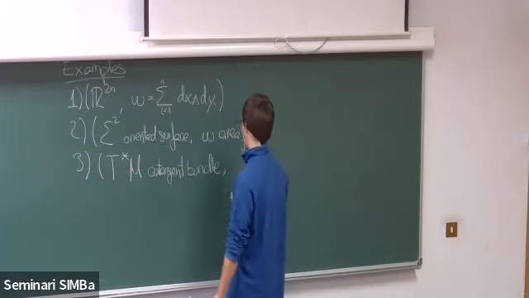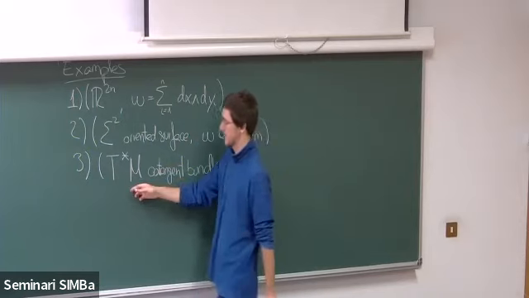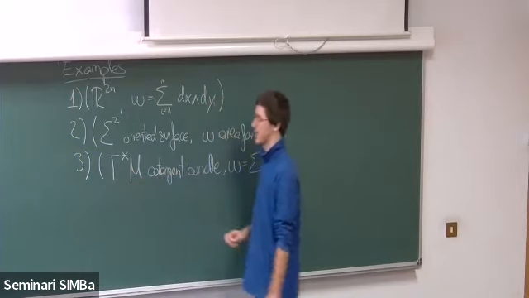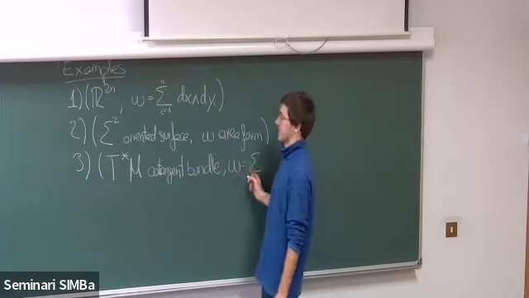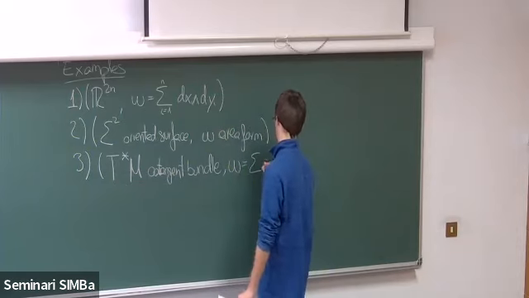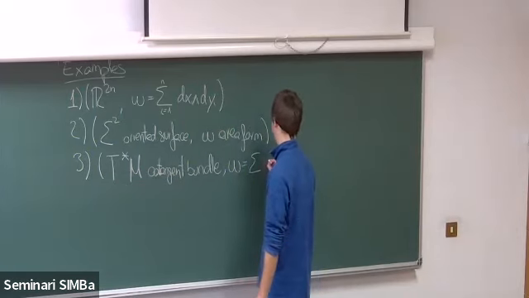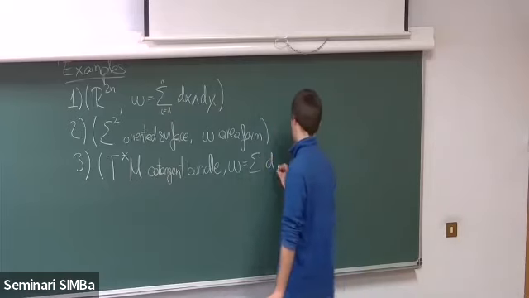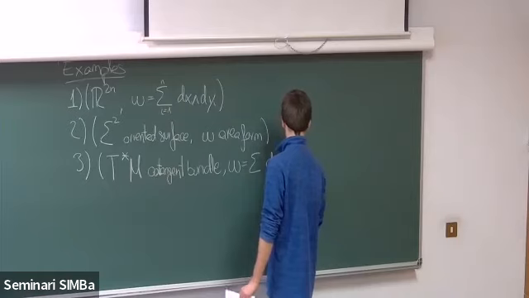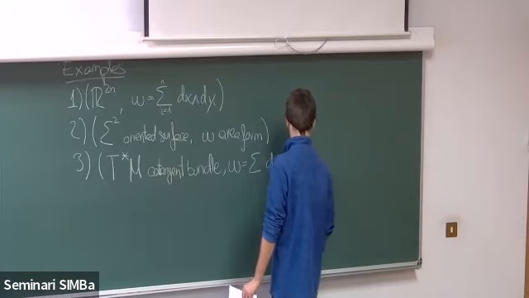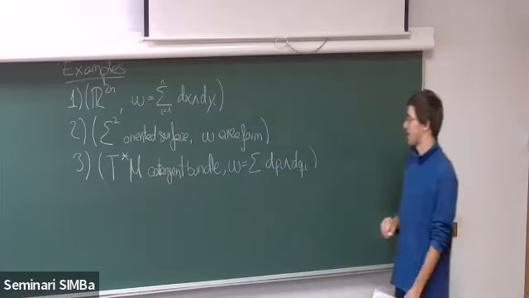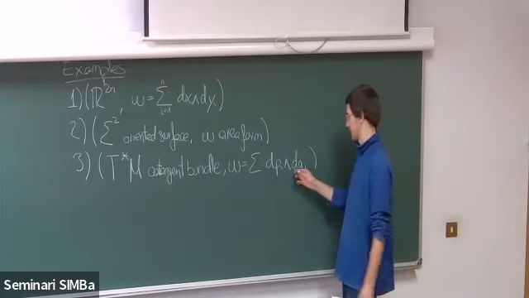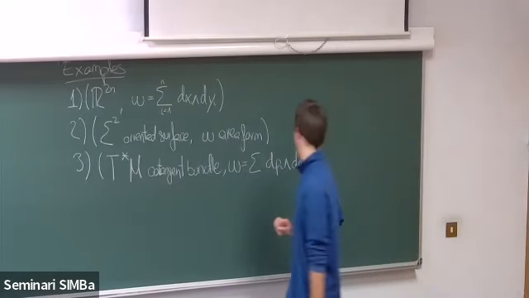We can equip it with a form, which is the natural pairing of the coordinates in the base and the conjugate coordinates in the fiber. You will see that it's really similar to this one, because by Darboux's theorem, a classical theorem in symplectic geometry, these always have this form, where the q's are the coordinates in the base and the p's are the coordinates in the fibers.